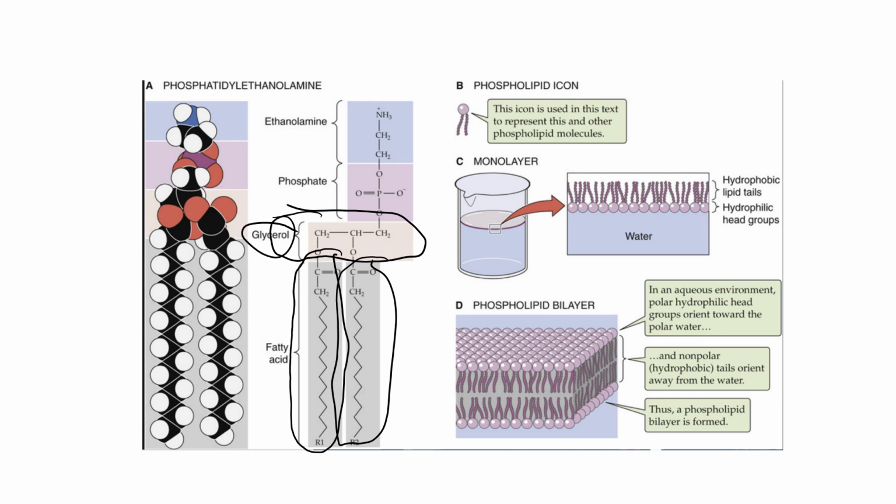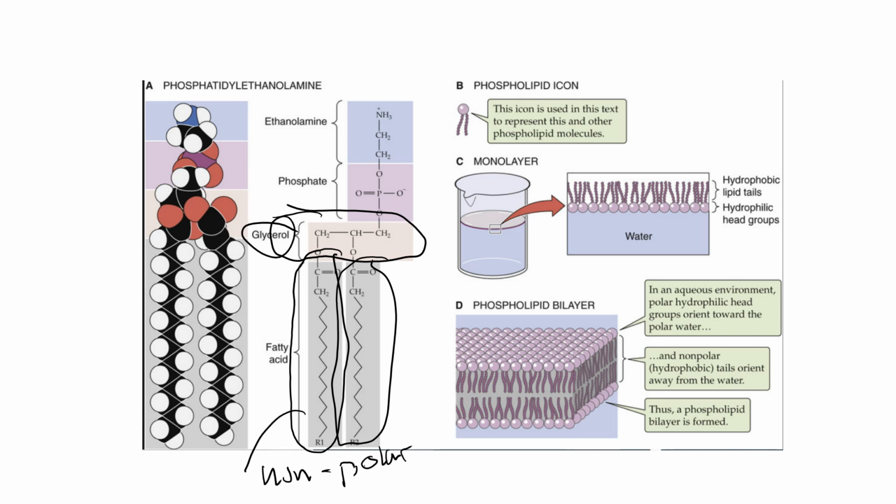And fatty acids are made up of hydrocarbons, right? Just repeating over and over again. So you can see that the glycerol backbone of the phospholipid is attached to these 2 fatty acids, which are made up of hydrocarbons. Thus, the 2 fatty acids of the phospholipid are nonpolar. Okay, the 2 fatty acids are nonpolar.